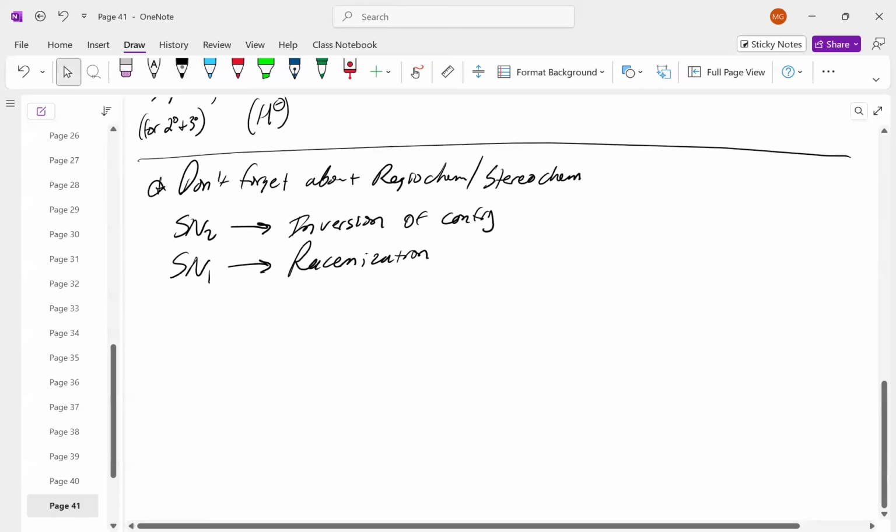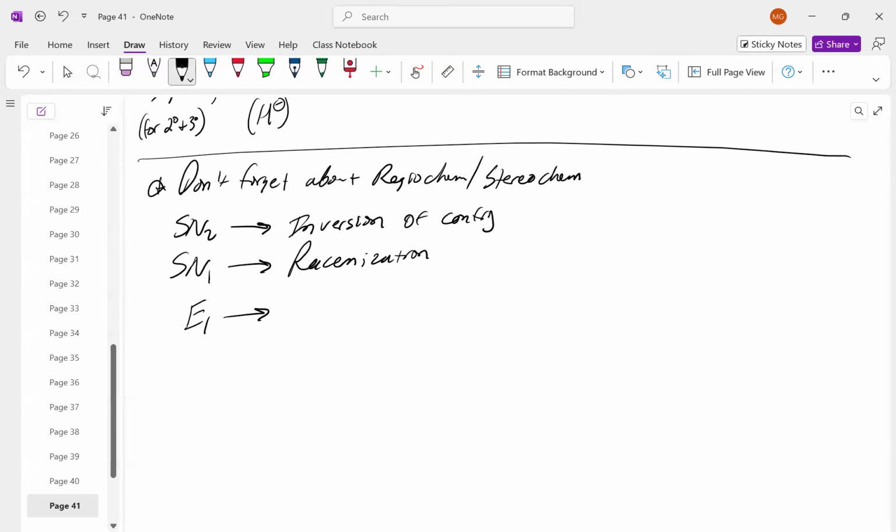And in terms of regiochemistry, where we saw with E1 and E2, with E1, the favored product is the Zaitsev product, so the more substituted double bond, more stable product. E2, we could influence it.